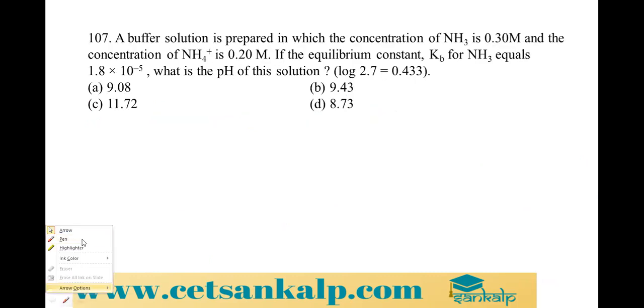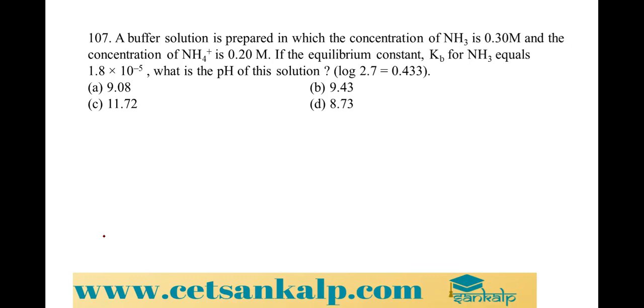Next, a buffer solution is prepared in which the concentration of NH3 is 0.3 molar and the concentration of NH4 plus is 0.2 molar. If the equilibrium constant Kb for NH3 equals 1.8 into 10 to the power minus 5, what is the pH of this solution? Log 2.7 is given, that is equal to 0.433.